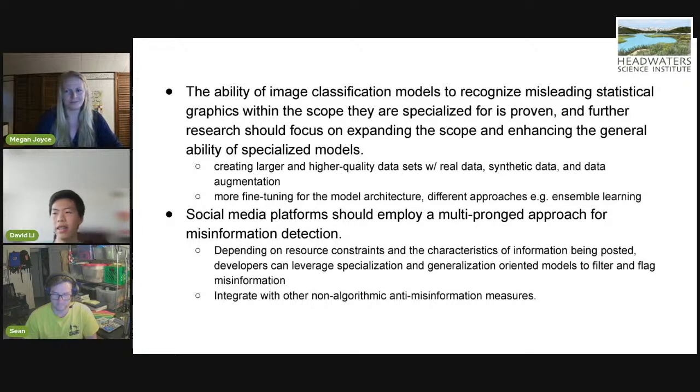I think the main issue for me right now is just data. So I would be working on creating larger and higher quality data sets, because the issue with data is if you just go on Google Images and search for misleading bar charts, you won't get many, and half of the misleading bar charts aren't actually misleading.